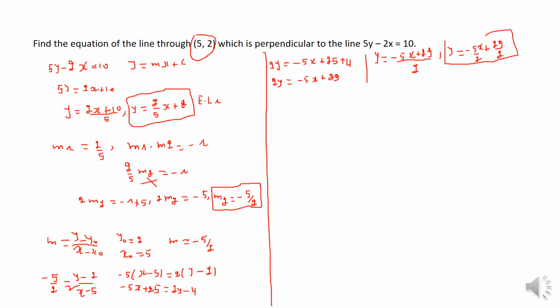This is the equation we were asked to find, which is perpendicular to the following equation.